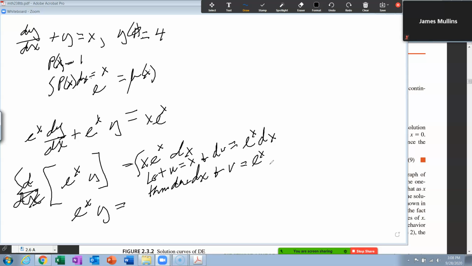Alright. Now we don't need to do a plus c there either. Okay? Because what we're going to do, we'll take care of that in a minute. Then we do uv. Okay? So this thing is equal to u times v. That's x e to the x.